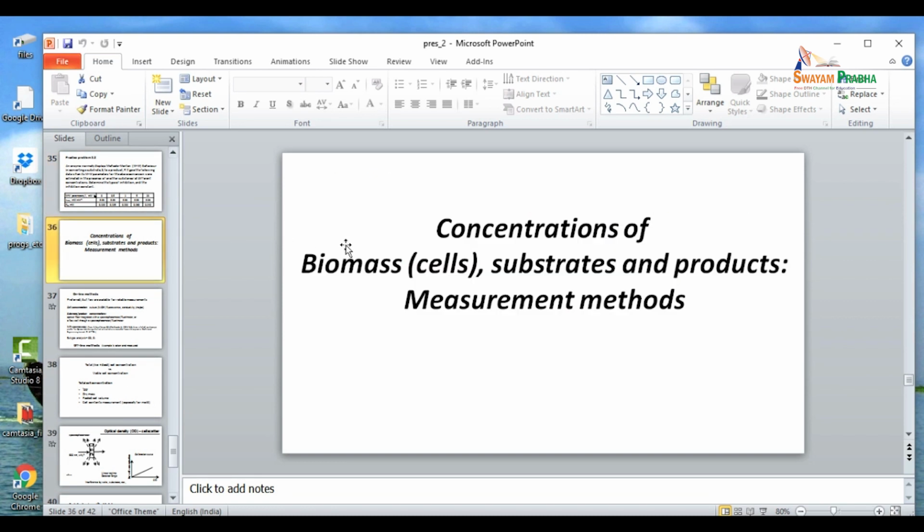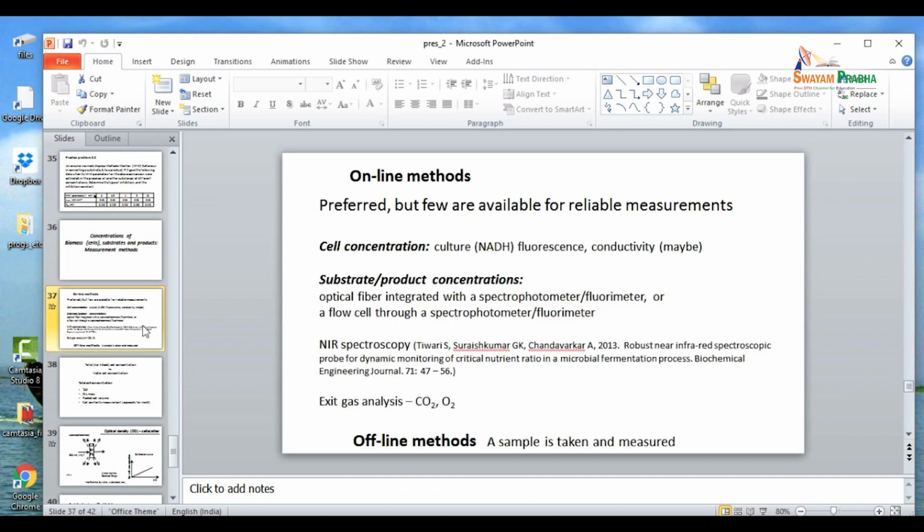And in this lecture, we looked at methods to measure the concentrations of biomass or cells, substrates, and products. We said that there were two different kinds, the online and the offline methods. Online preferred, but the reliability of the methods available are to a certain extent. Very few methods are highly reliable.